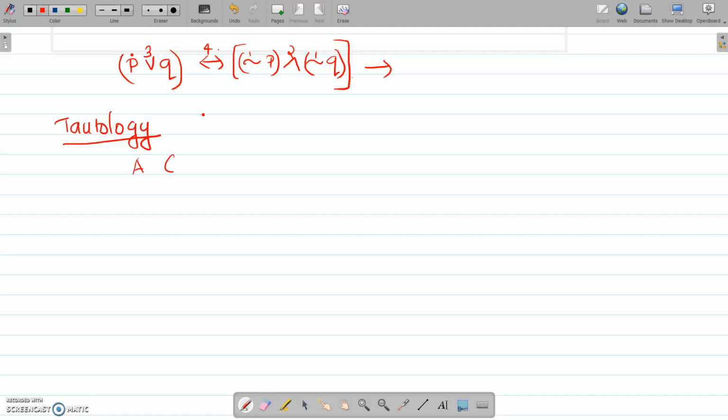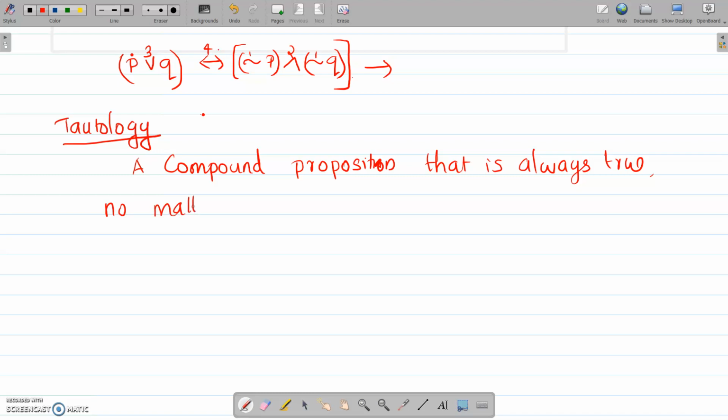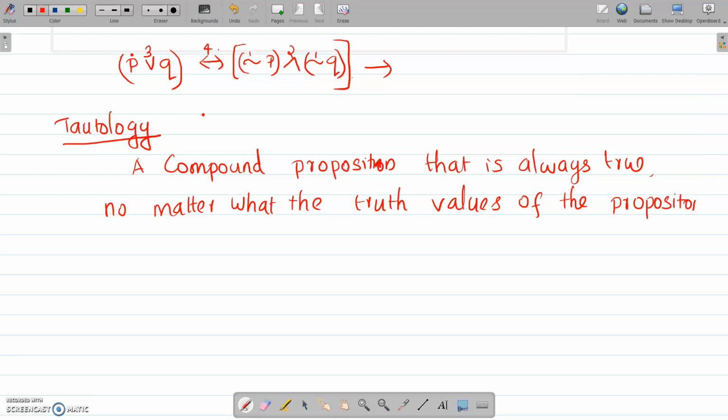A compound proposition that is always true, no matter what the truth values of the propositions that occur in it, is called a tautology.